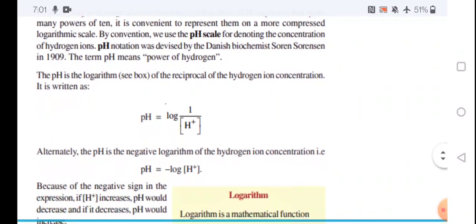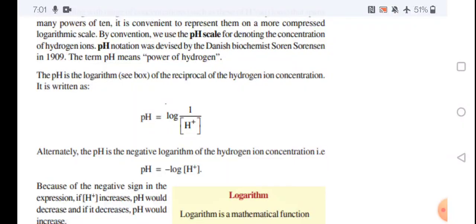The pH is a logarithmic quantity based on the reciprocal of the hydrogen ion concentration. pH is equal to log of 1 by the concentration of H. If we take it from the denominator to the numerator, the value becomes negative, so the pH value is equal to minus log of the concentration of hydrogen ion.